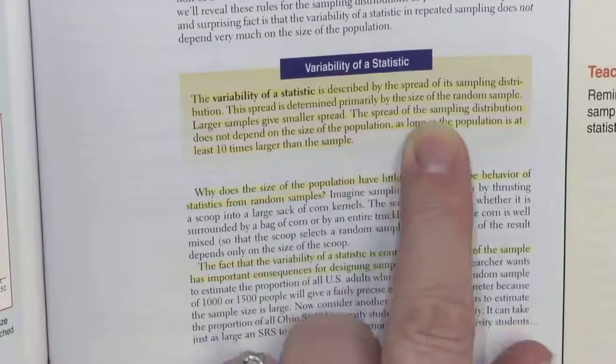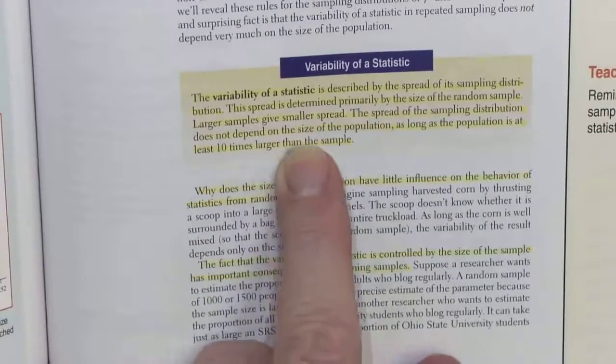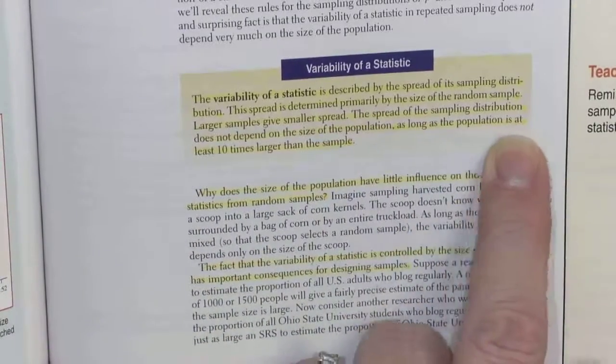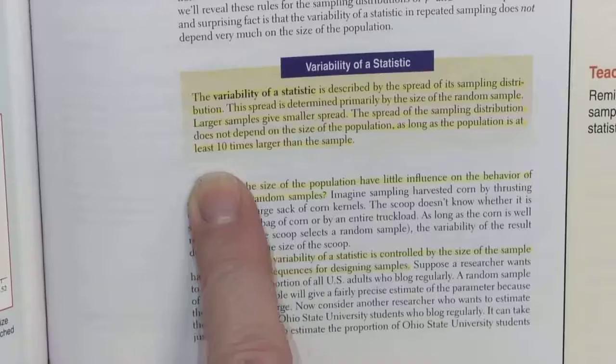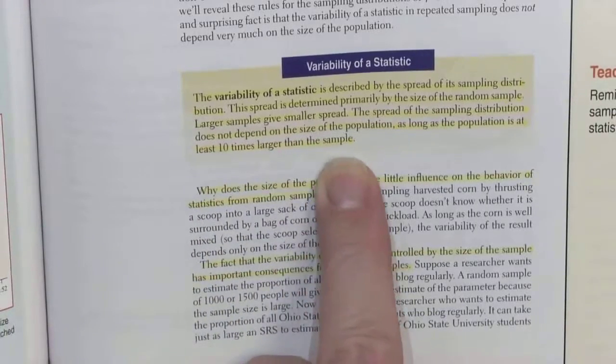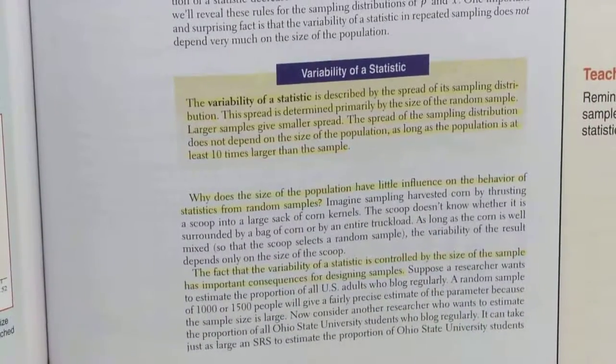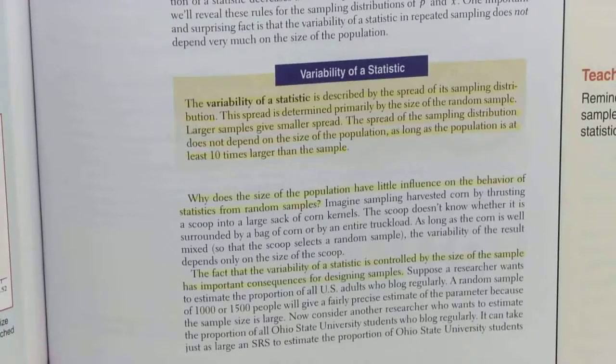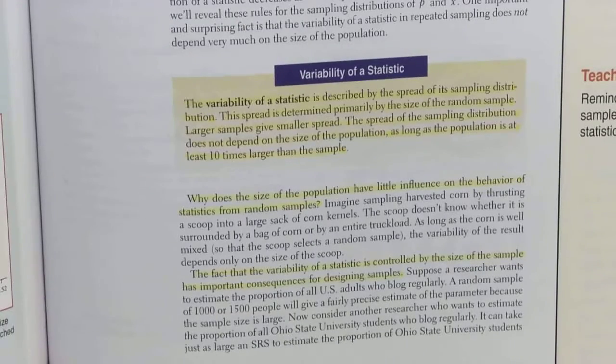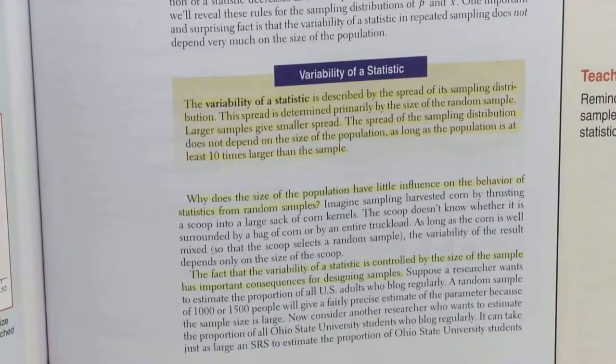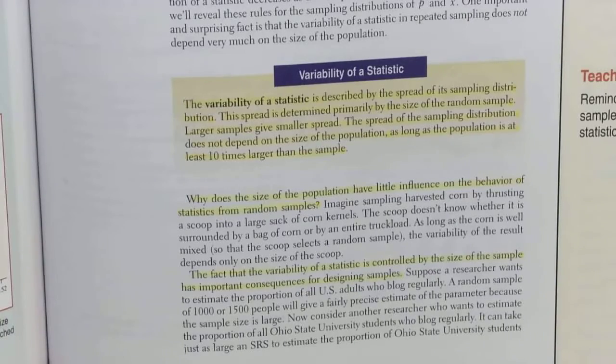The spread of the sampling distribution does not depend on the size of the population, as long as the population is at least 10 times larger than the sample. Why does the size of the population have little influence on the behavior of the statistics of random samples?